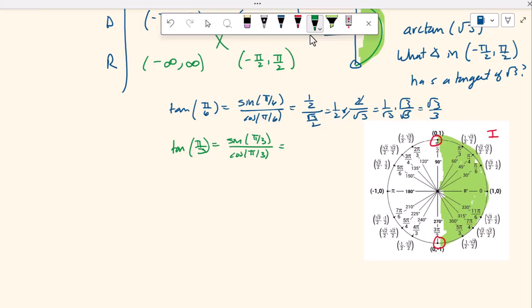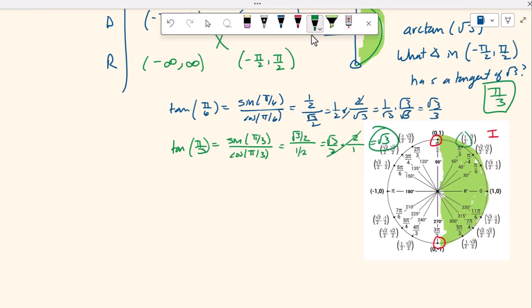So the sine of pi over 3, I can come right up here and grab that, is square root of 3 over 2. And the cosine of pi over 3 is right here as well, as 1/2. Well, when you divide by a fraction, you multiply by the reciprocal, and there's my root 3. So my answer here is pi over 3.